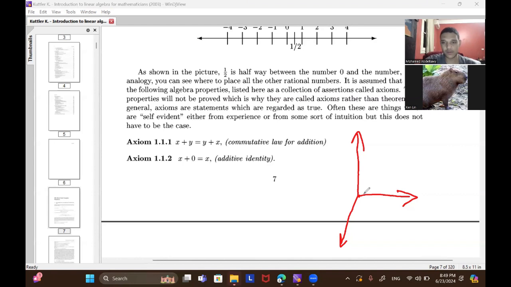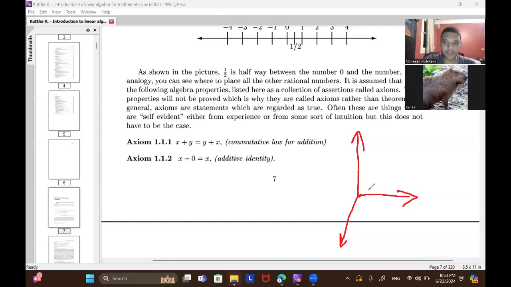It's a vector. Wait, vectors have a direction. Exactly. It's a scalar if it doesn't. A vector has magnitude and direction.